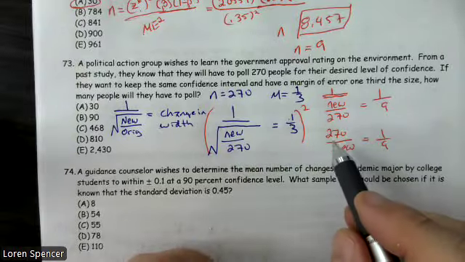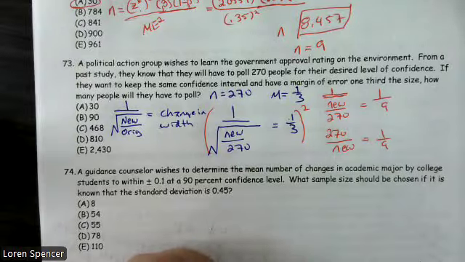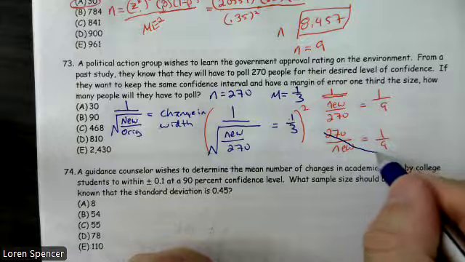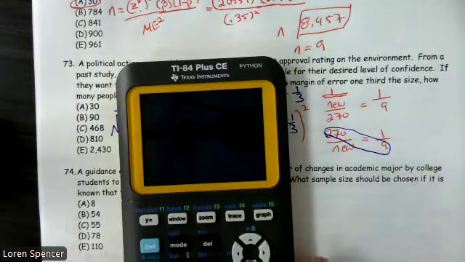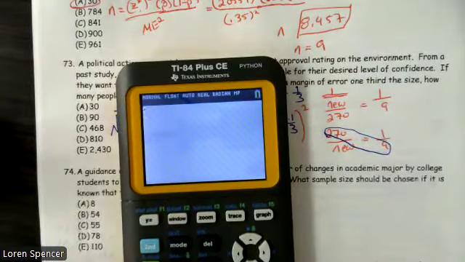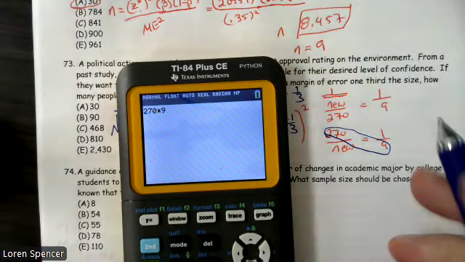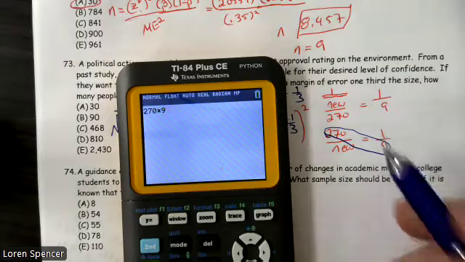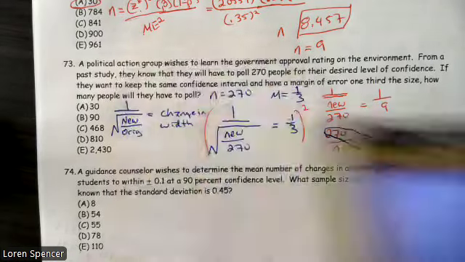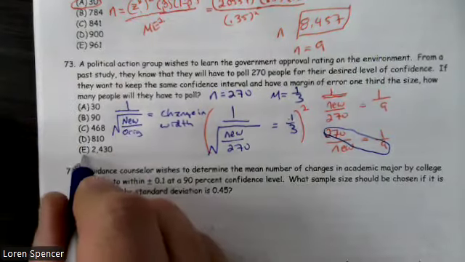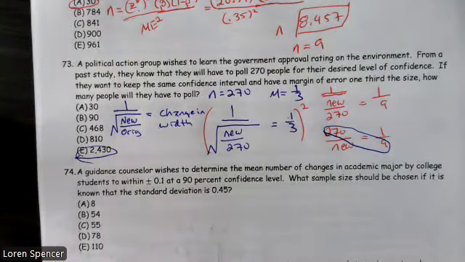At that point, I can multiply the diagonals and divide by the third, which is 1. So anyway, we're going to go 270 times 9. And if this had been something other than 1, we'd divide by that. So I'm just going to say divide by 1. And we get 2430. So the answer to 73 is E.